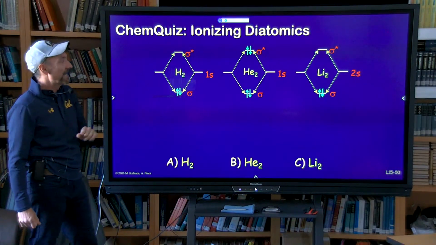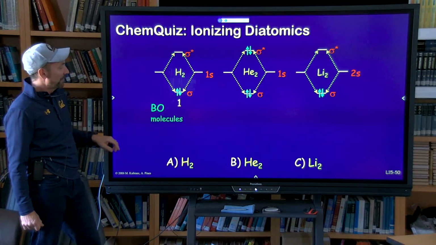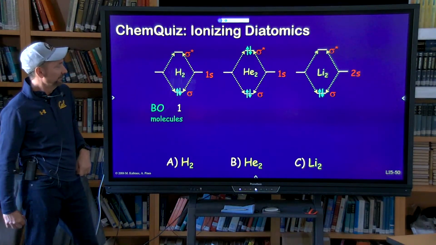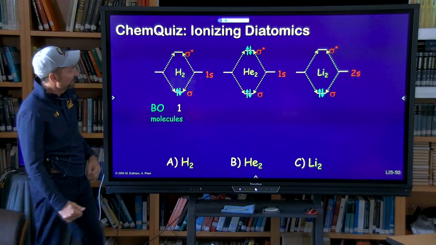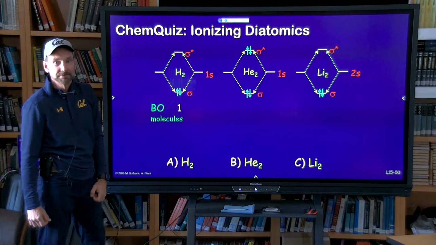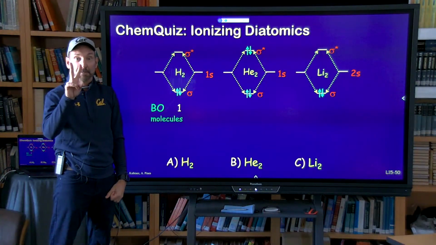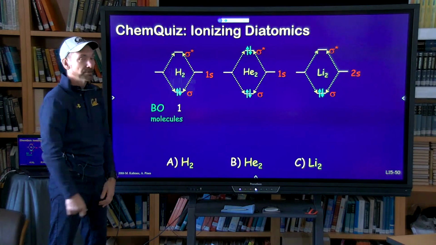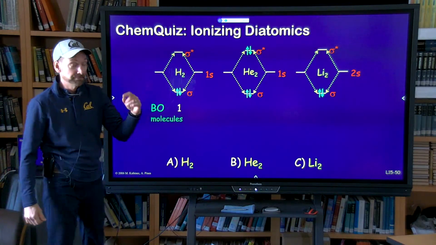If I ionize them, so the bond order in the molecules, that's bond order 1. So how do you get the bond order from this? Well, you take all the electrons in bonding orbitals and divide by 2. 2 electrons makes a bond. So the 2 bonding electrons divided by 2 is 1 bond.